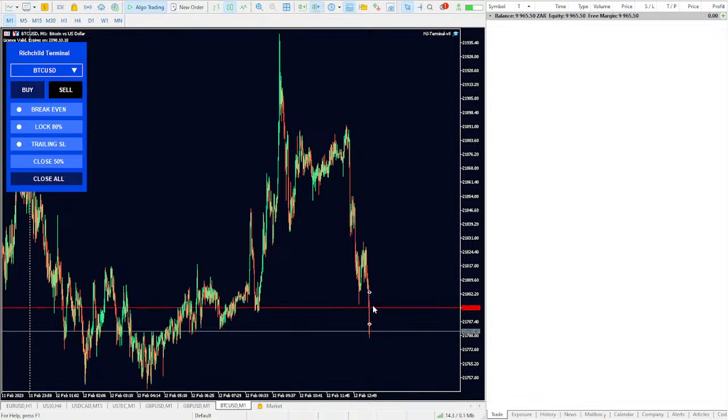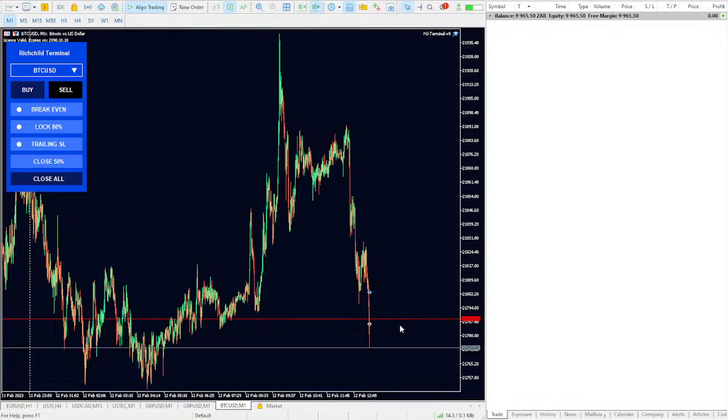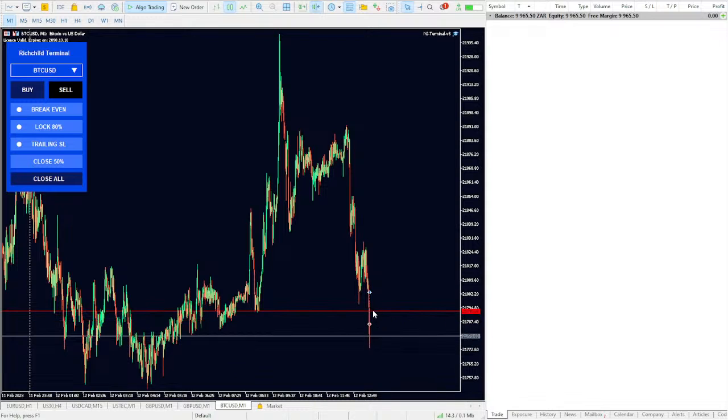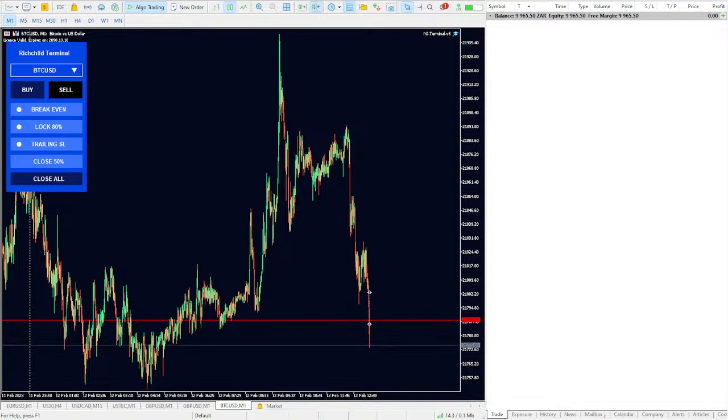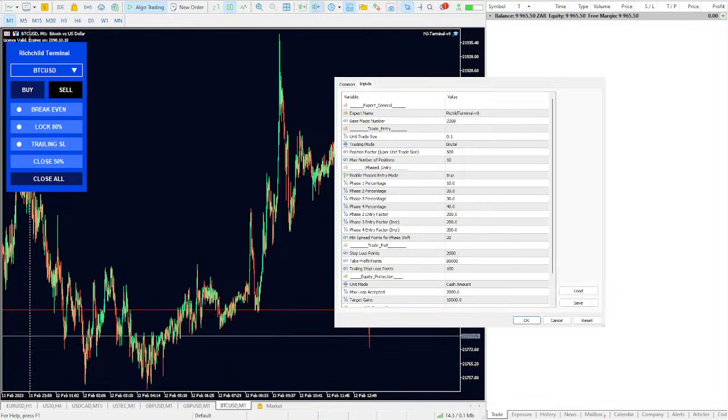Okay, let's see. I think because there's too much spread because of the weekend, the trades can be closed very, very fast. So we're going to set our stop loss to let's say 8,000, and our profit at 20,000.